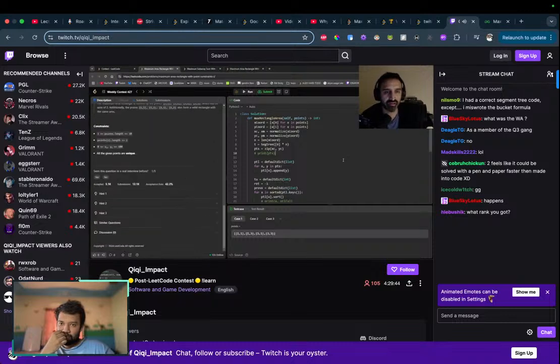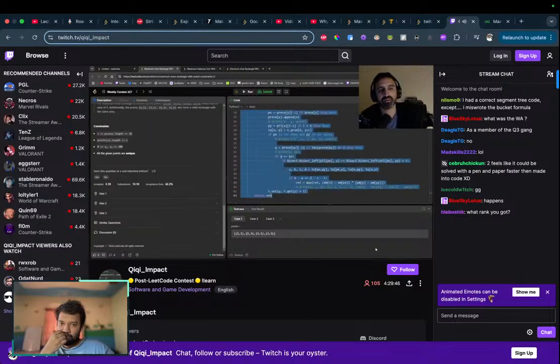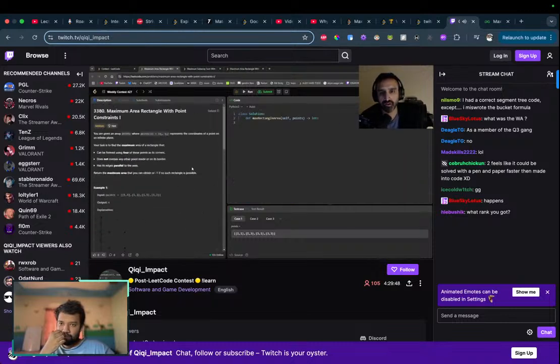But actually, as an exercise, let's just live code it. Why don't we live code problem number 2, Maximum Area Rectangle with Point Constraints 1. Okay, so P will be a set of points, a tuple of P for P in points.